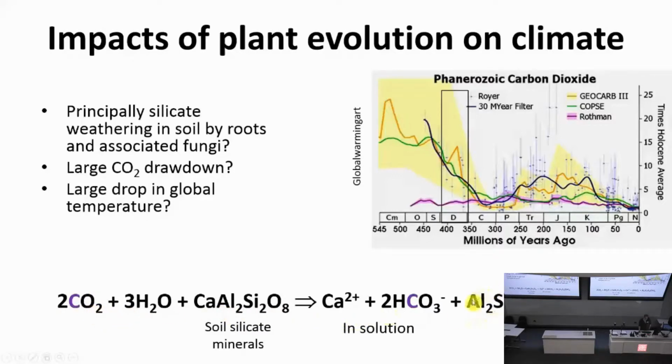And what happens is a weathered rock, and it puts the calcium and the carbon into solution in the form of calcium ions and bicarbonate ions. So they actually go into the water around the roots. And that can be washed through the floodplains, into rivers, and out into the sea. So it's taken that atmospheric carbon and put it into the sea.